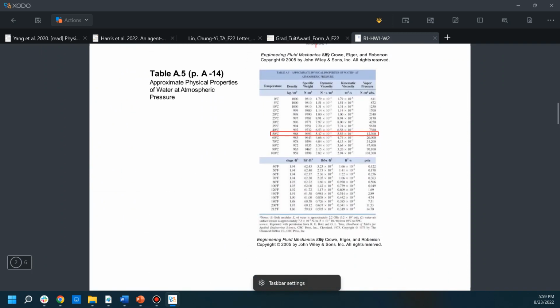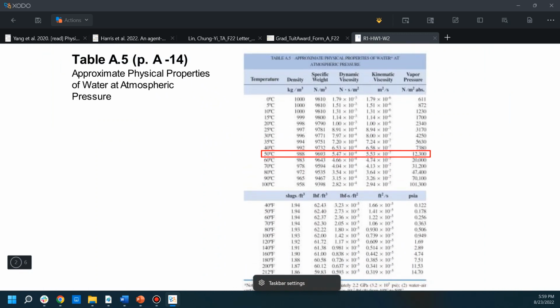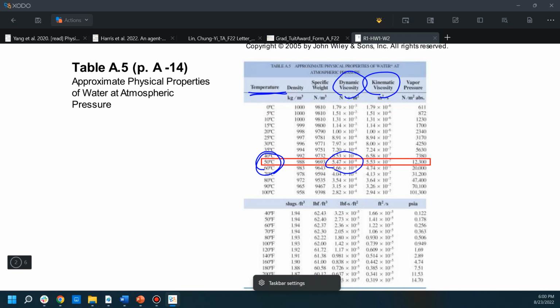Now we have the values for these first two items, and for water we will utilize table 8.5 on page 14 in the appendix. Similarly, the first column is temperature, so we find the corresponding row for 50 degrees Celsius. Then we can read the dynamic and kinematic viscosity for the water, which is 5.47 times 10 to the power of minus 4 and 5.53 times 10 to the power of minus 7 for the kinematic viscosity.